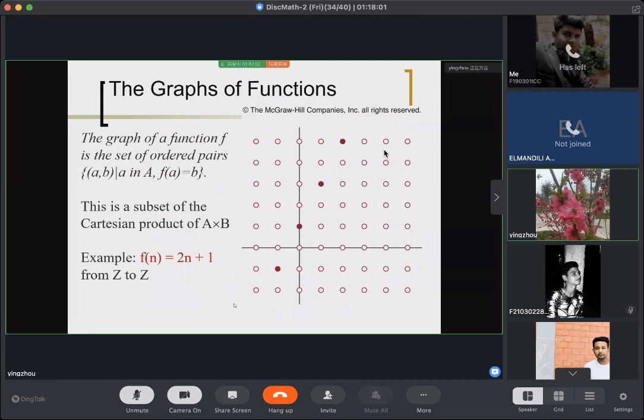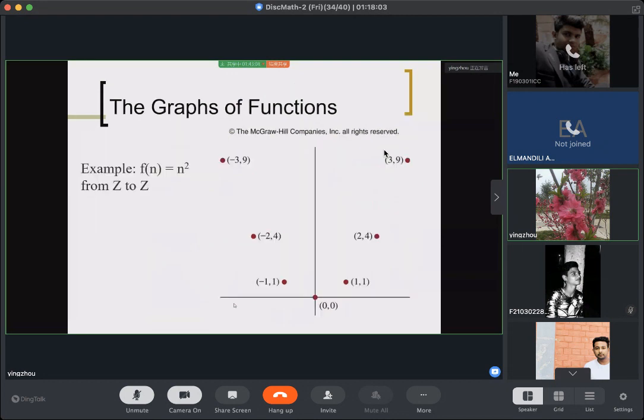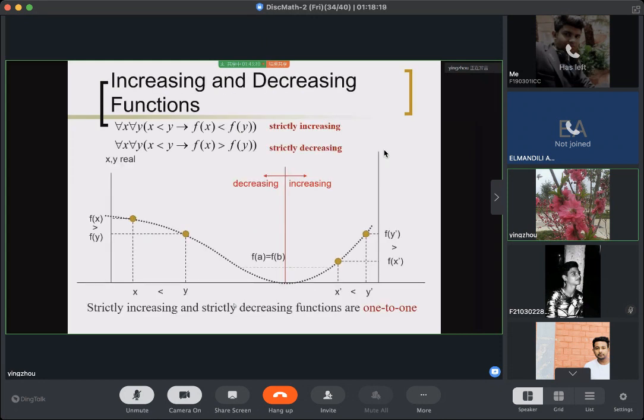And here is the other way to use a graph. In this graph you can just see the function. And also, what we know is that functions can be seen as a special relation, and a relation can be described as a map. So, function.